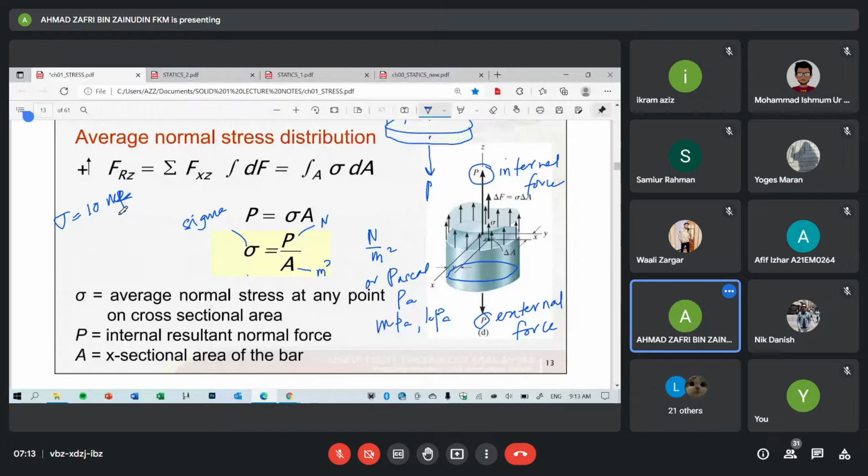You must show whether it is tension or compression. For tension you can give it like this, no problem, because positive is tension. For compression, you have to put a minus here.